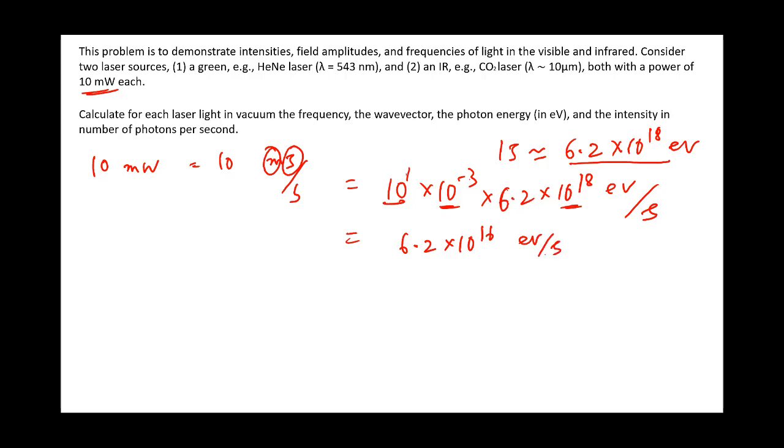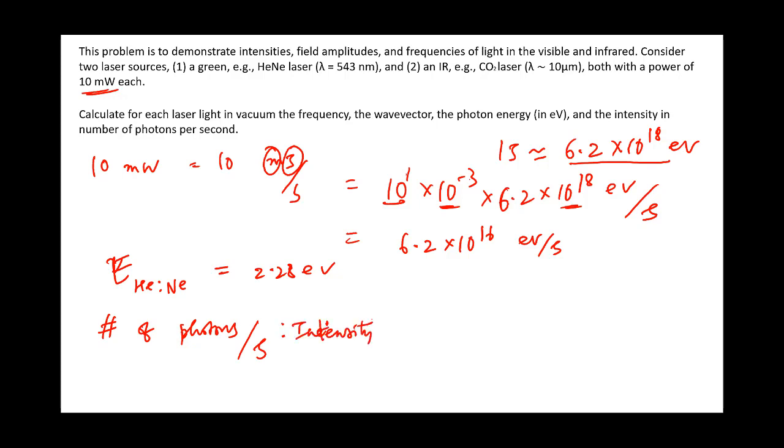That is the power. And for example, the energy of the helium neon laser for 1 photon is 2.28 eV. If I want the number of photons, that number of photons per second is what we call intensity. So intensity will be equal to the power divided by energy per photon.